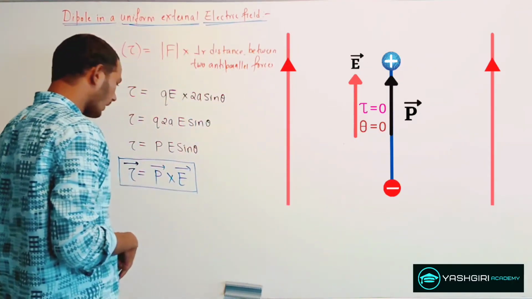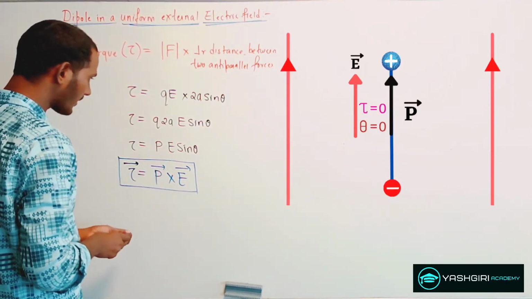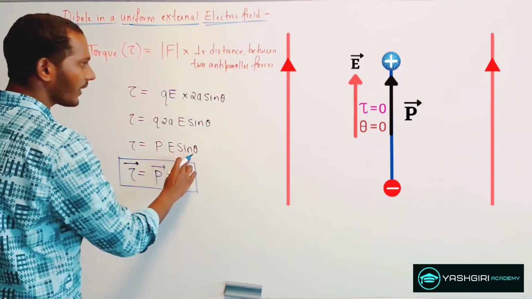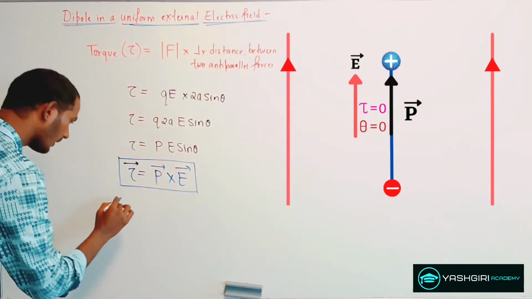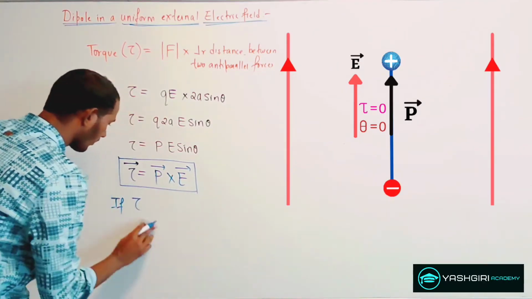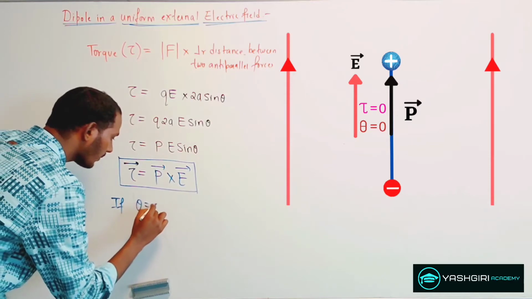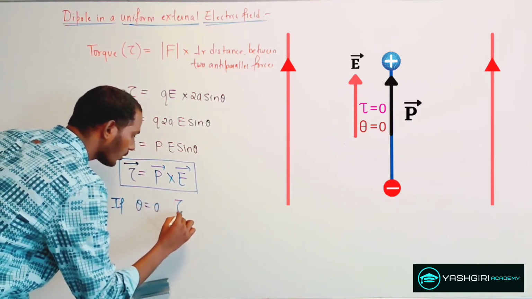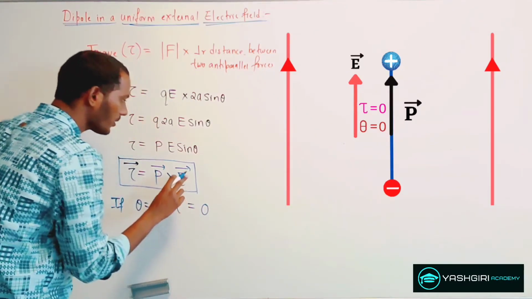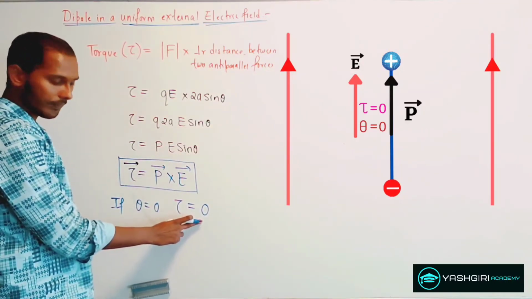Even from this relation for tau, if theta is equal to 0, in that case the torque will also be equal to 0. Sine theta will give me a 0 and the torque will be 0.